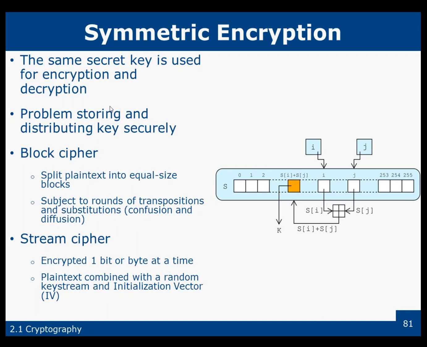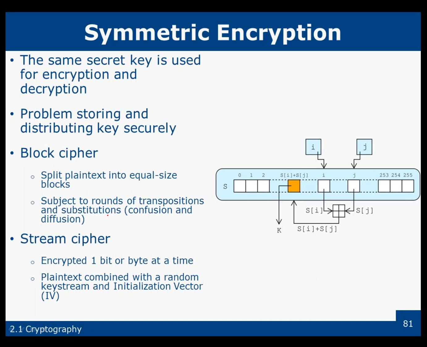And in these ciphers, we'll just go down a number of things on each slide here. That with block ciphers and stream ciphers. What a block cipher does is split up the data into blocks and then encrypts the blocks and sends the blocks. So it splits the plain text into equal blocks, subject to rounds of transposition and substitutions, and rounds is the number of times that it goes through the encryption process.